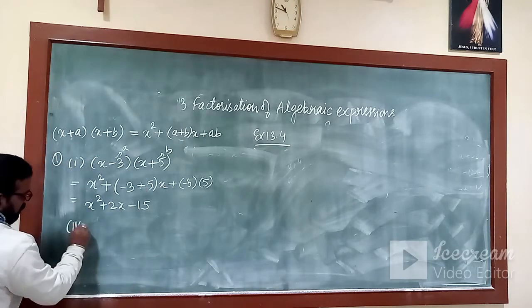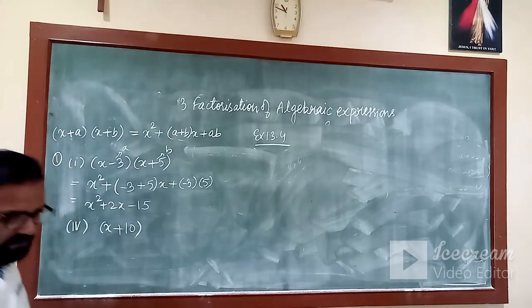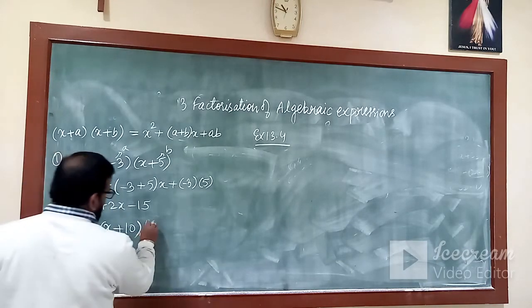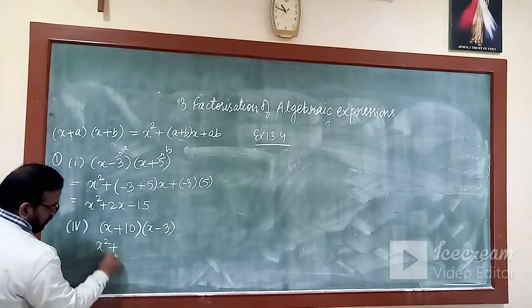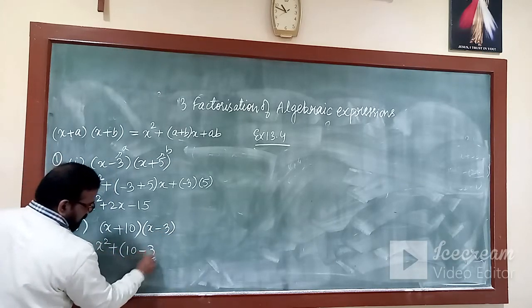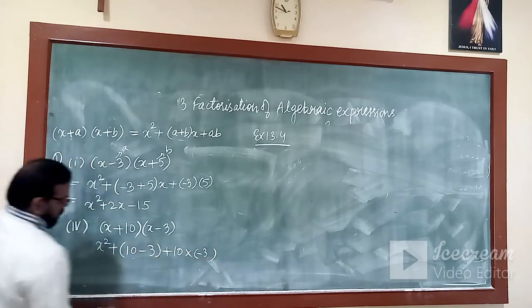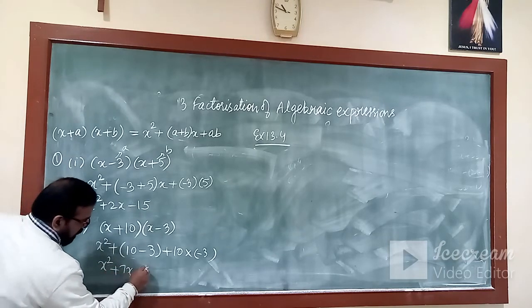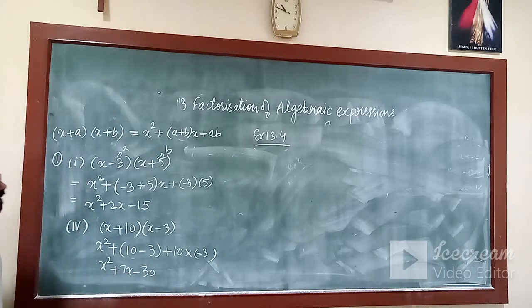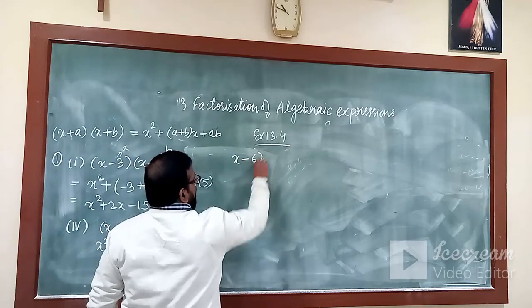Okay, suppose it is (x plus 10)(x minus 3). So x square plus (10 minus 3)x plus 10 into minus 3. So what will we get? x square plus 7x minus 30. And suppose if two negative signs are there, suppose I have to solve (x minus 6)(x minus 5).